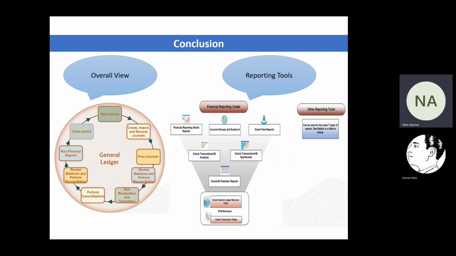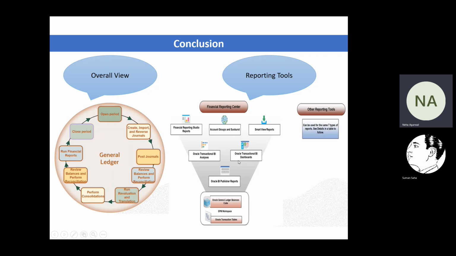Now we are seeing the last slide for this session, and we will conclude with this overview and the reporting tools. There are two figures where you can see the overview, and the reporting tools which are available in the FAH.